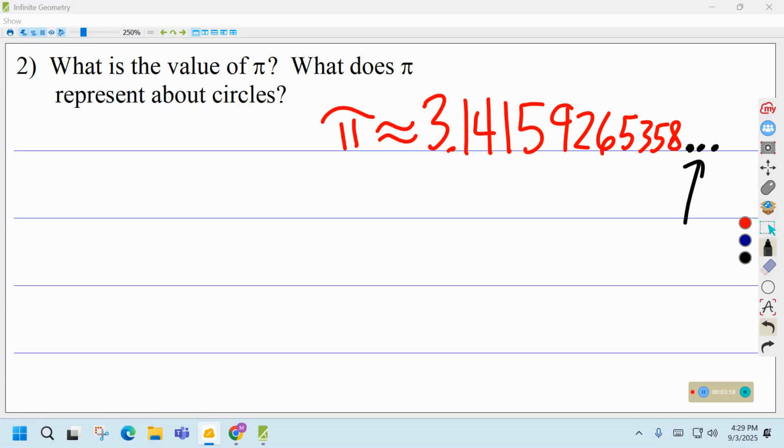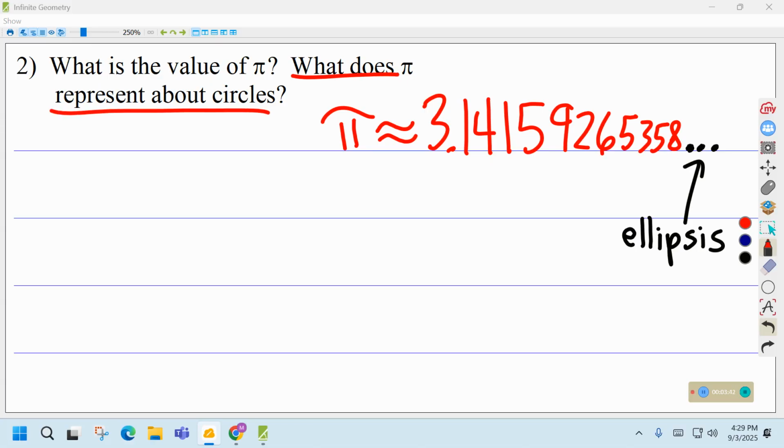Somebody today I think called it the continuation, but what it's actually called is an ellipsis. So you guys might as well learn that. So again, the value of pi is infinite. It just goes on and on forever, and it never ends, so we can never actually finish writing it.